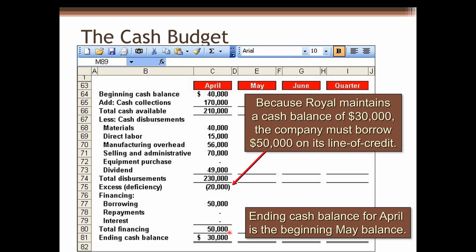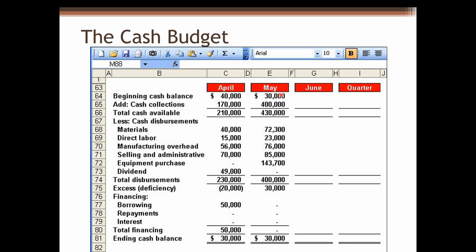Total financing $50,000, and then we get the ending cash balance for April, $30,000. We can do similar entries for May. Keep in mind, the ending cash balance in April is the beginning balance in May. So beginning cash balance in May, $30,000, plus cash collections, and then we get total cash available. Then we find cash disbursements for materials, direct labor, manufacturer overhead, selling and administrative expenses from all those related budgets.